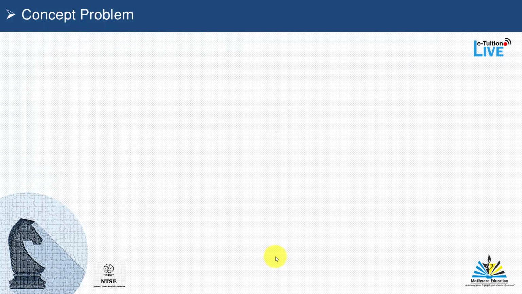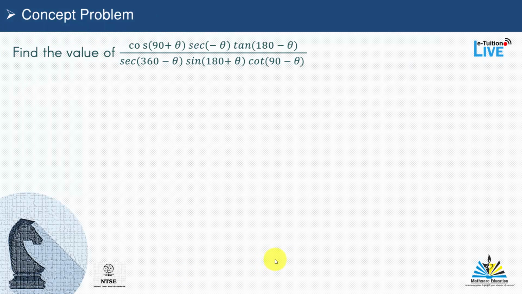Let's solve a problem related to the concept. Cos of 90 plus theta: this is a change about the y-axis, so cos will change into sine, so this is sine theta, and in the second quadrant cos is negative, so we need to apply a minus sign here.